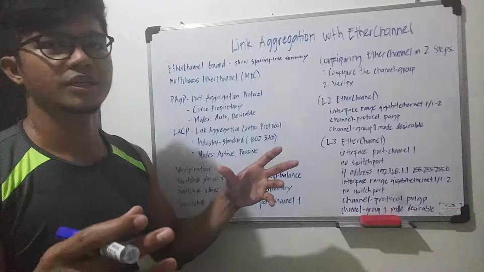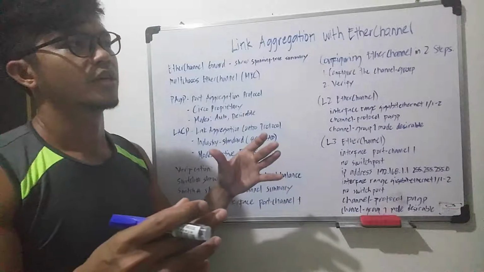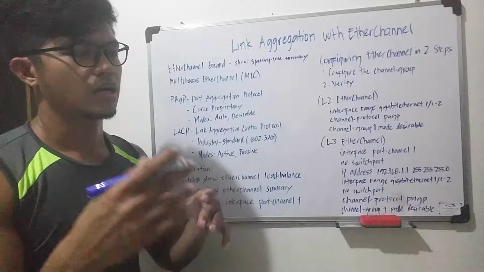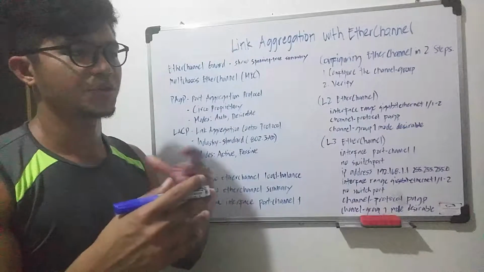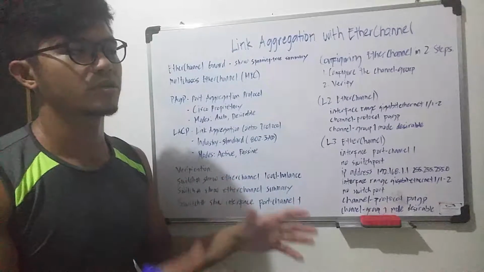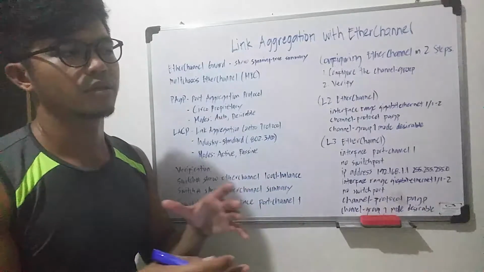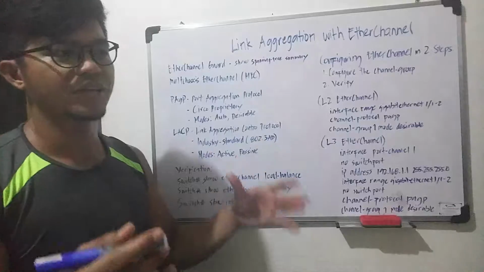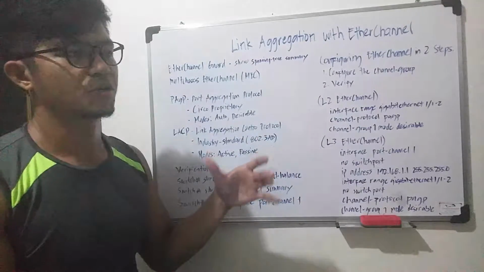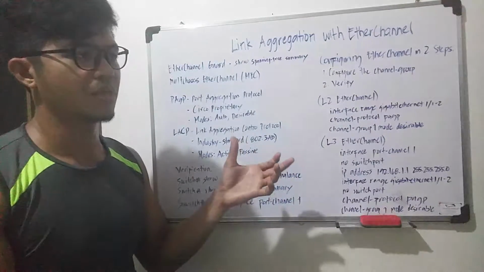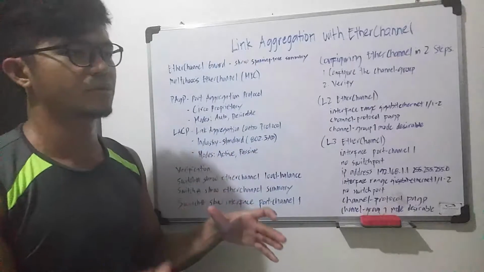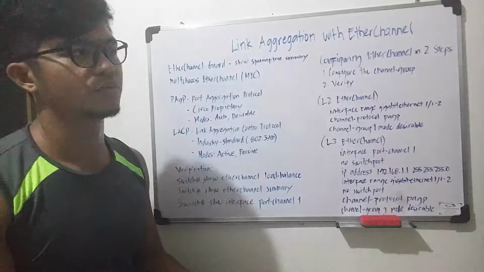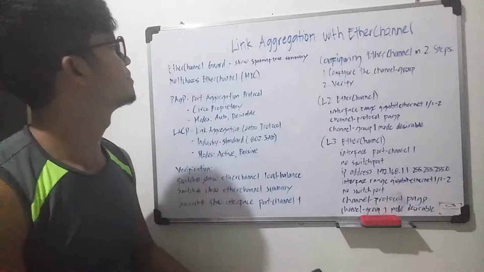Both switches, or all the links in the EtherChannel, should have the same parameters. They should have the same VLAN, native VLAN, and if they are in trunking mode, they should all be in trunking mode, and they should have the same speed and duplex mode.